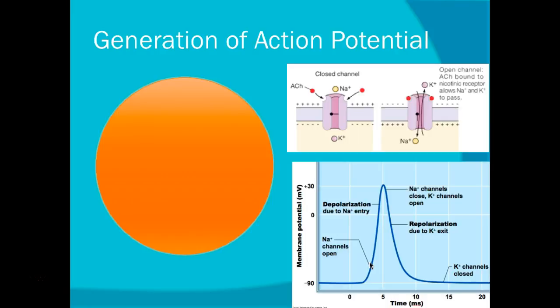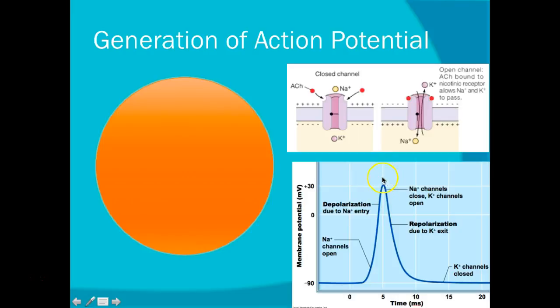So sodium enters and we get more and more positive, and our membrane voltage threshold, which is really right around positive 30, is when the action potential is generated. So here is the positiveness on the inside of my cell. From negative 90, we're getting more and more positive, and we reach our threshold of positive 30.